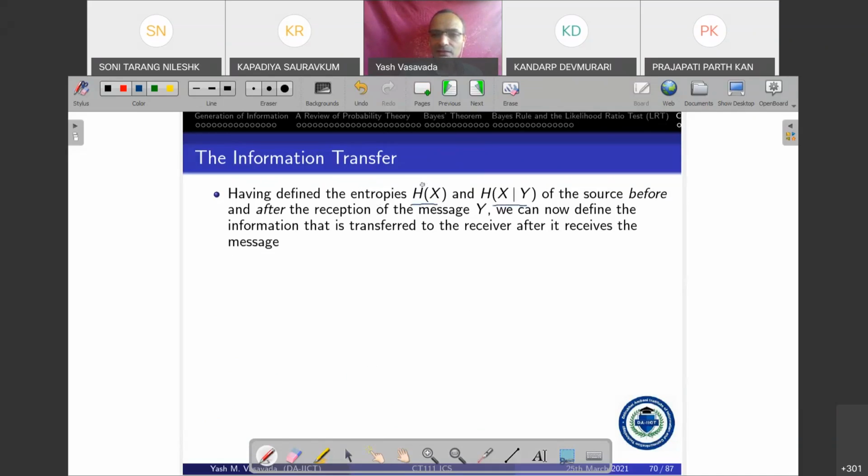And this, okay, Saurav, can you mute yourself? There is some echo disturbance. Okay, thank you. So this was the average temperature of the source before making any measurement. And this is the average temperature of the source after you get the measurement.